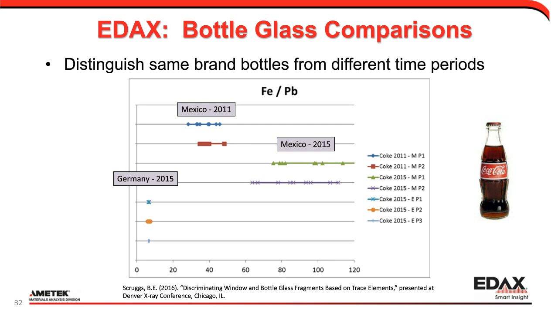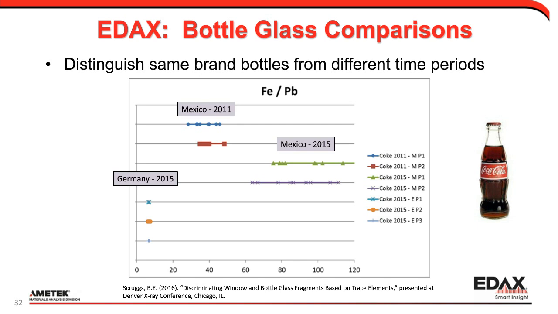The Coca-Cola in the United States, you can buy it bottled in Mexico because they use pure cane sugar as opposed to high fructose corn syrup. So I got one bottle bottled in 2011, another bottle bottled in 2015, and then I was in Germany at one point and got a Coca-Cola bottle there in 2015.